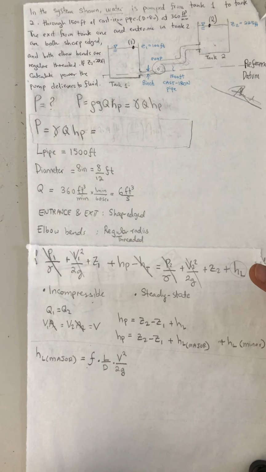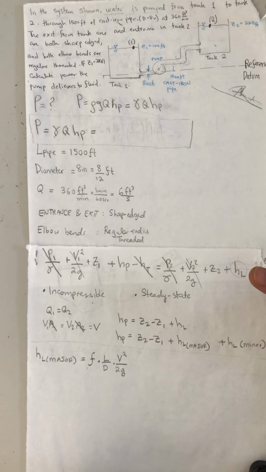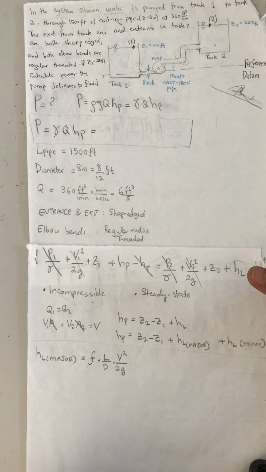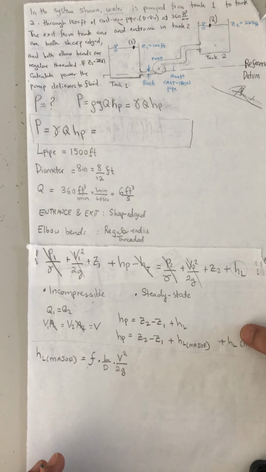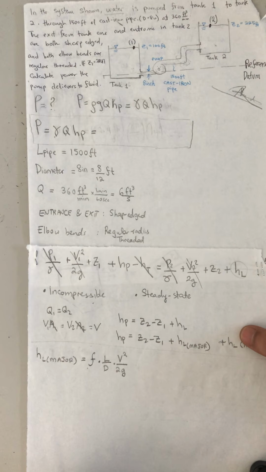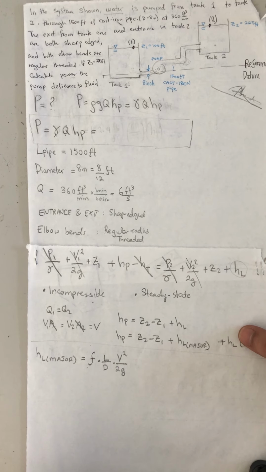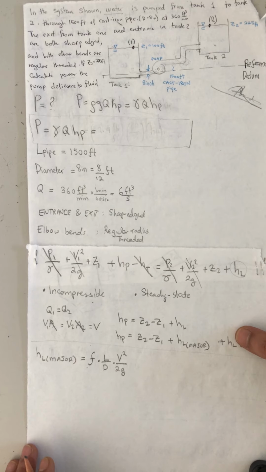The major head loss is because of the friction between the fluids and the walls of the pipe. The viscous effects are the main cause for the head loss in our major head loss.